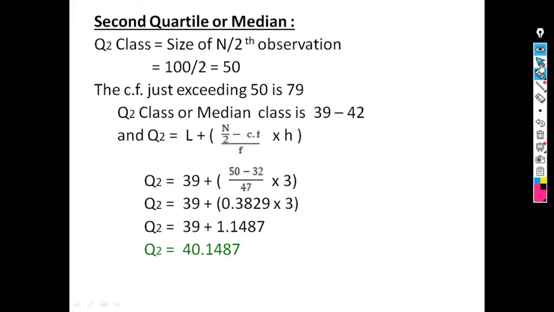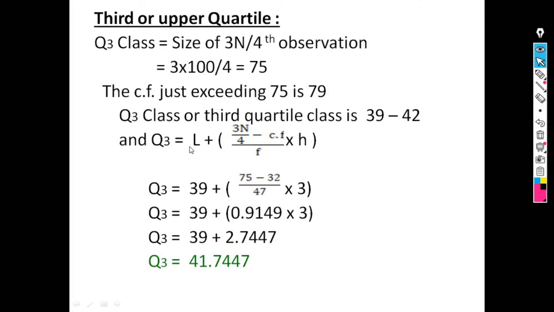Similarly, we can calculate Q3. The formula for Q3 is equal to L plus 3n by 4 minus CF upon F into H. First we have to calculate the value of 3n by 4, that is 3 into 100 by 4. 3 into 100 is 300, and 300 divided by 4 is equal to 75.